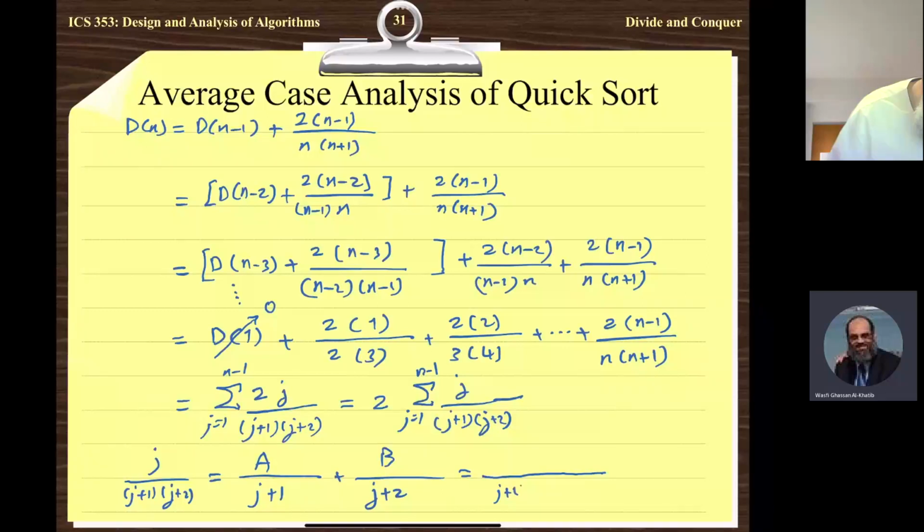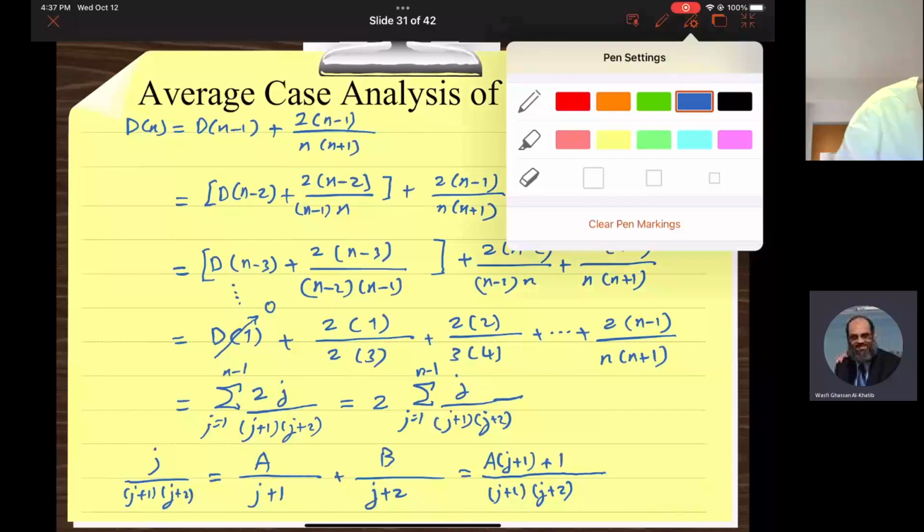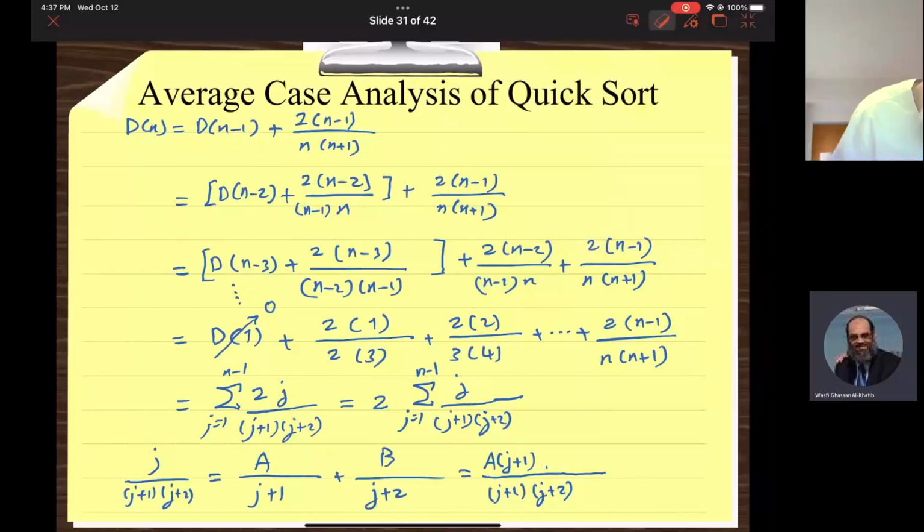So we have j plus 1 multiplied by j plus 2 as the denominator. And then, of course, a is multiplied by j plus 2, plus b times j plus 1.